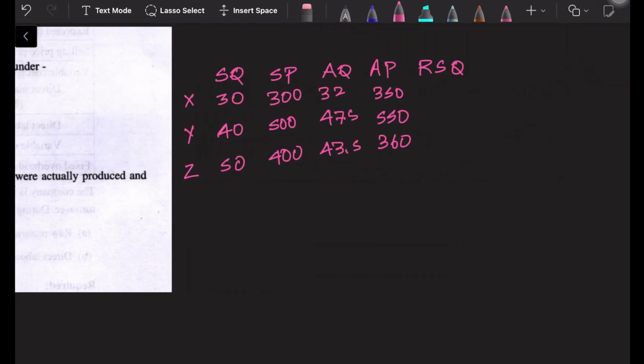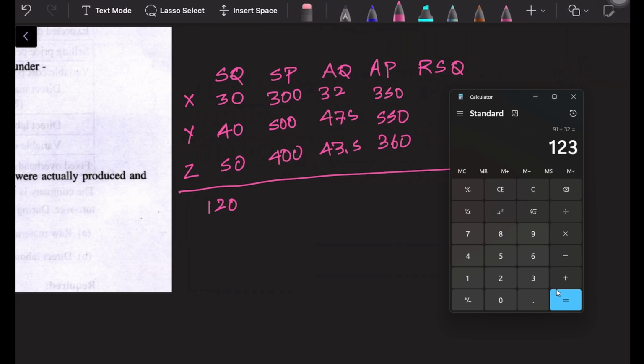So once I have all of this data, what next I should do? I should total SQ and AQ and I should find out RSQ. So 30, 40, 50 is 120. So 32, 47.5, 43.5, I will get 123. Now this 123, I should spread it in standard ratio. So how do I do it? I will show for 1. So the balance 2 you calculate.